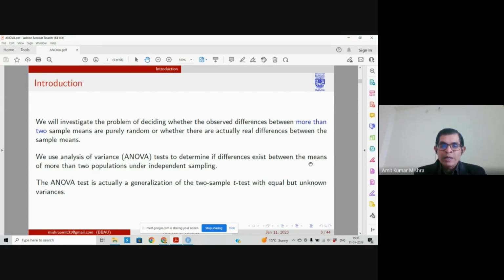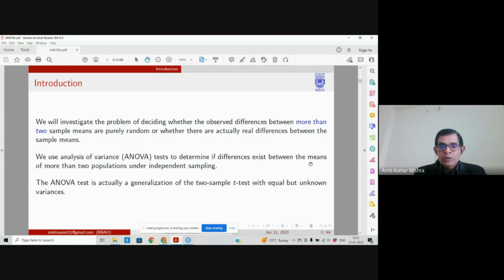What do we mean by random and real difference? Variations may be because of randomness, or they may be because of some factor influencing the means. We want to verify whether it is because of random chance, or whether there is a factor influencing them.